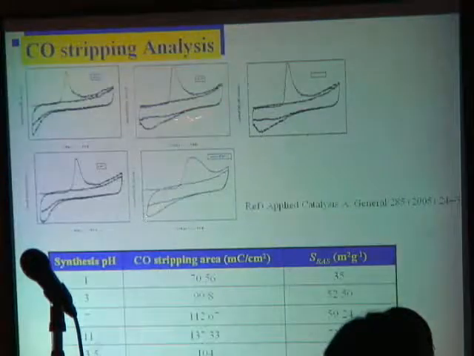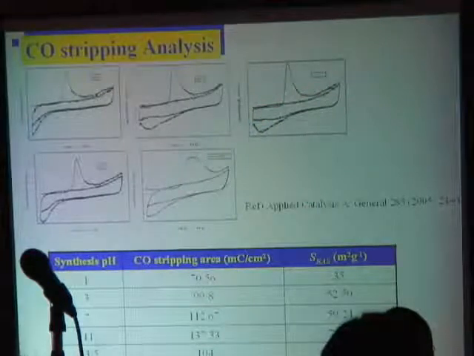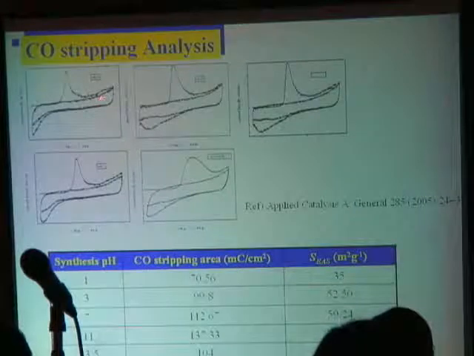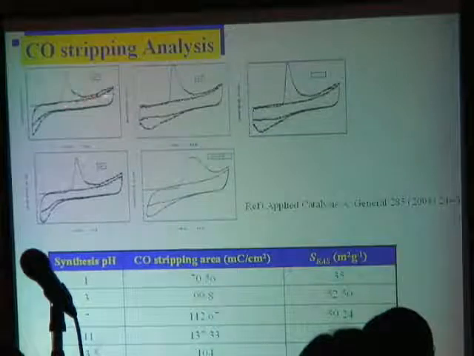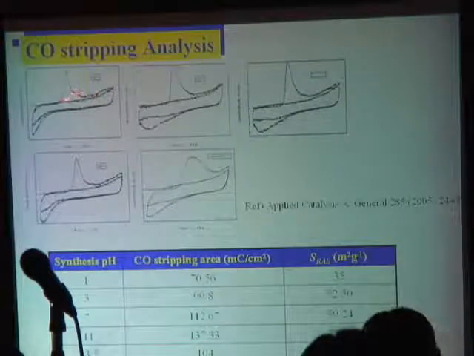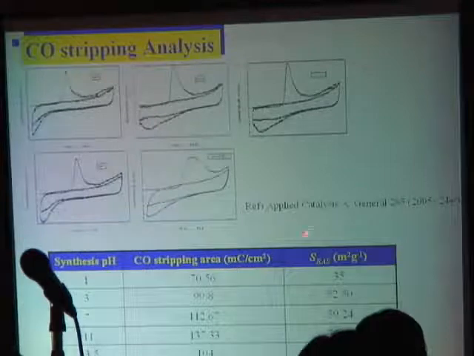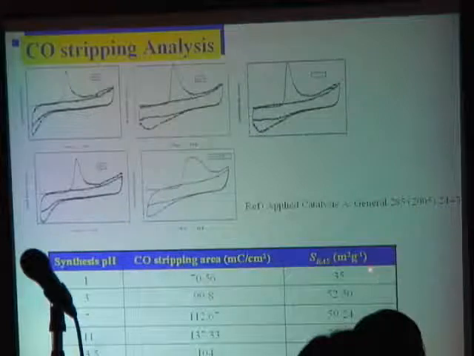Next slide. This is the CO stripping analysis. From CO stripping analysis, we can calculate the surface area. The first graph is for the CO desorption peak, and the second graph is for the background. By taking the first peak and subtracting the second, we get the CO stripping charge. Using some equations from this reference, we can calculate the electrochemical active surface area.